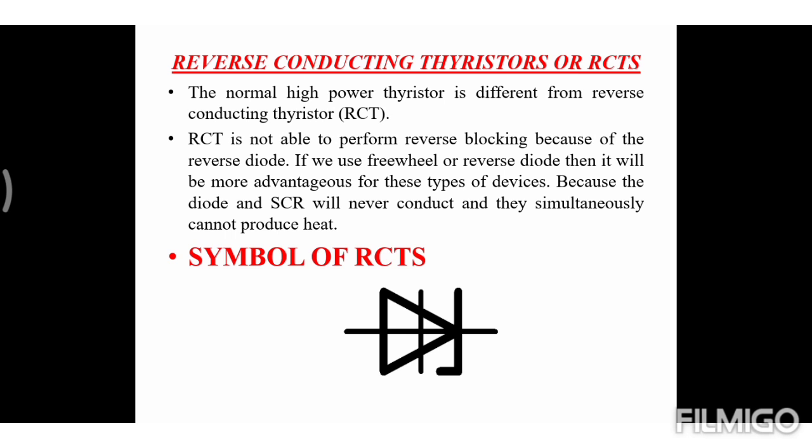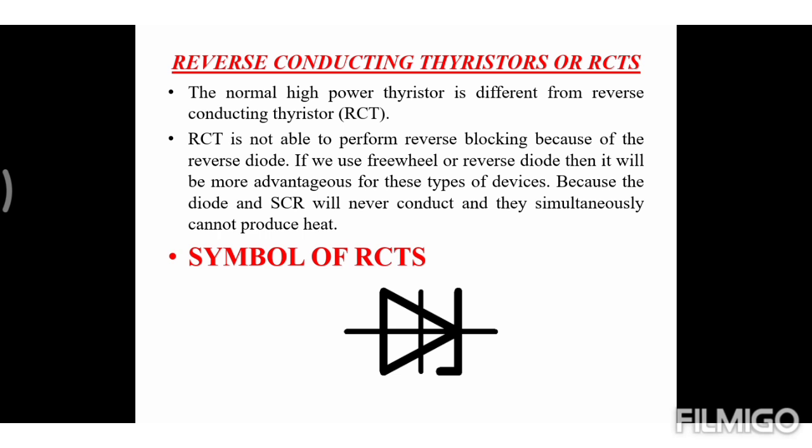If you use a freewheeling or reverse diode, then it will be more advantageous for this type of device, because the diode and SCR will never conduct simultaneously, so they do not produce heat together. This is about the RCT.